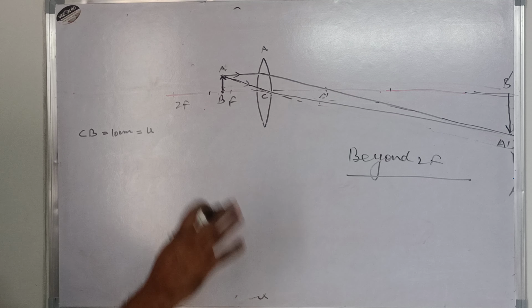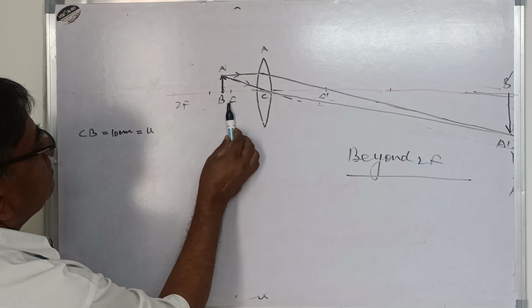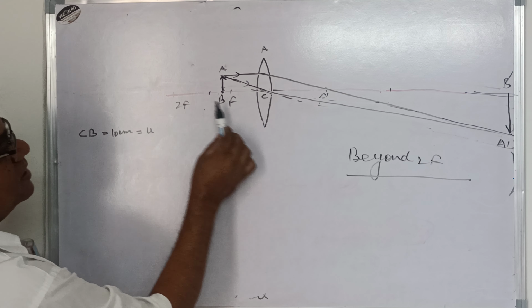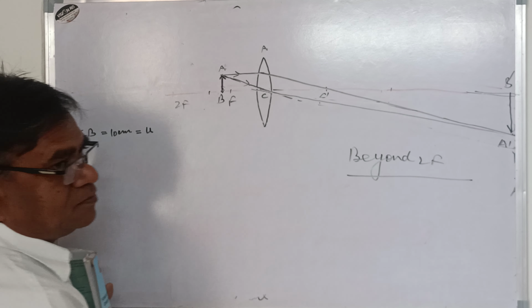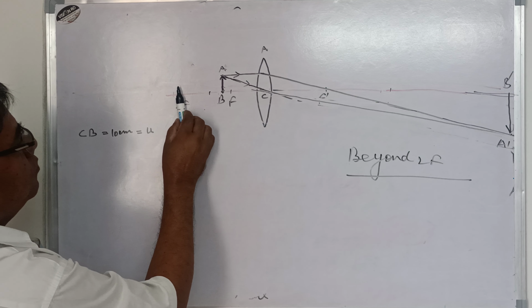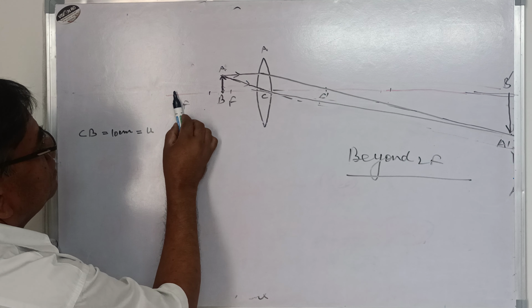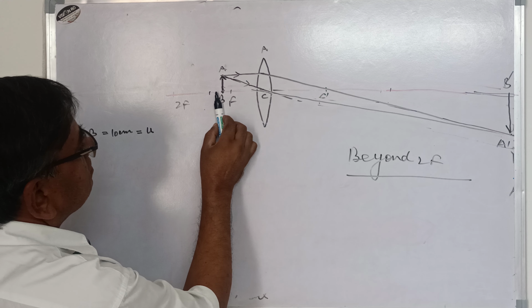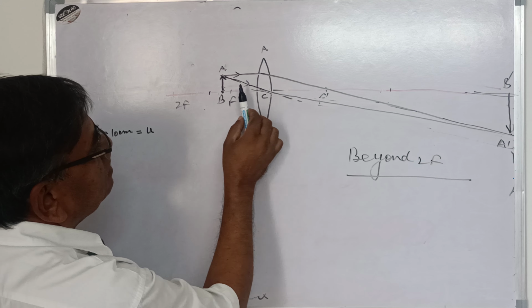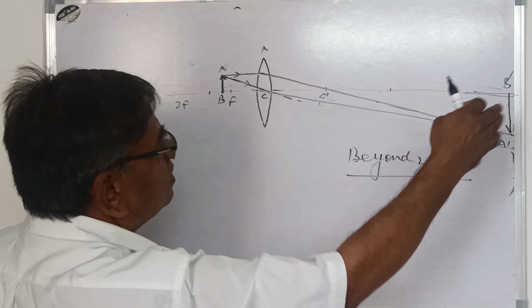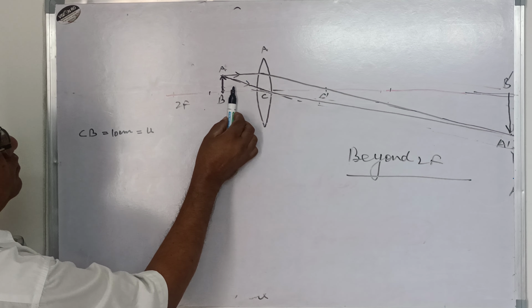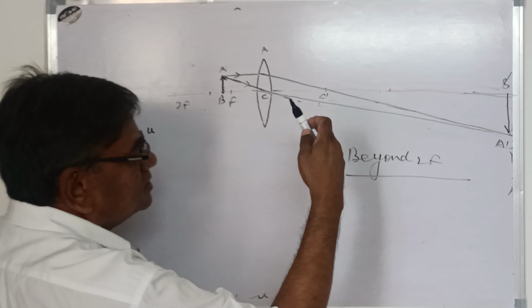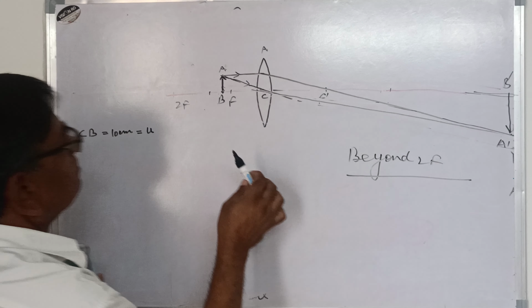Why? You have seen that if your object comes at 2F, the image will be on 2F. And if you move in this direction, 2F से F की तरफ, and if we reach F, the image will be at infinity. The image will go on moving this side. So this is before the F. So image is not at infinity, but it is very far off from the lens.